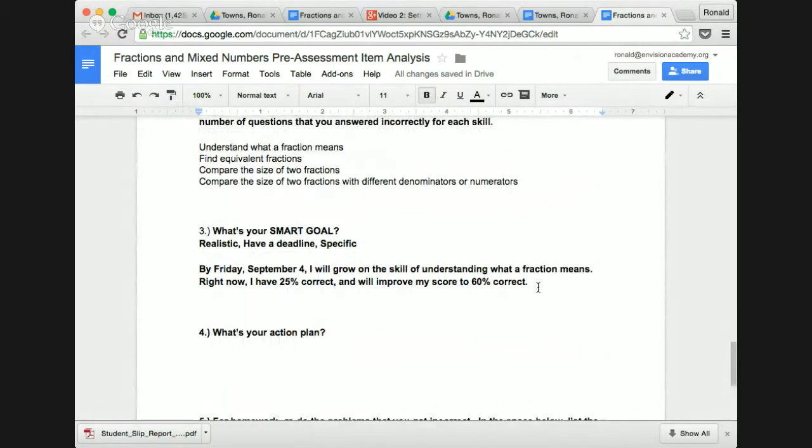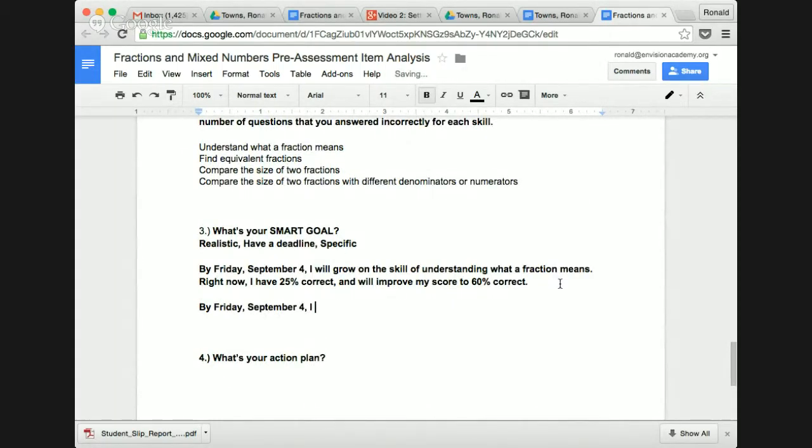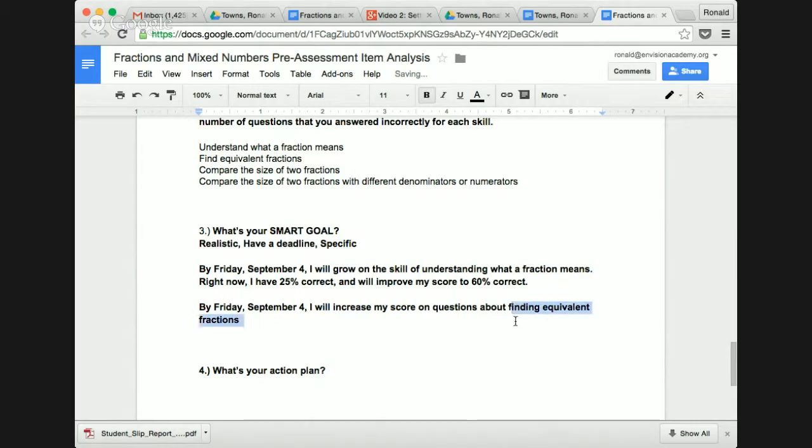I would then do this same thing for each of the other ones. So let me do one for this one. I could say, by Friday, September 4th, let me word it, I will increase my score on questions about finding equivalent fractions. Notice finding equivalent fractions is the skill that I'm looking for.